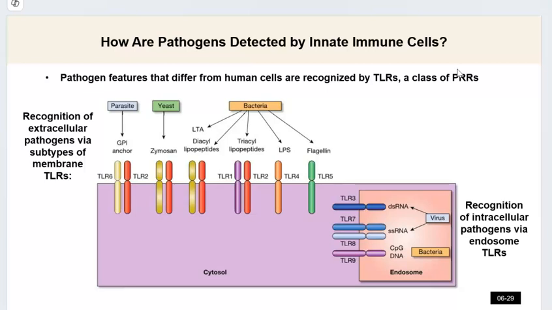Many TLRs will recognize components of bacteria, yeast, or parasite cell membranes, while other TLRs are found on endosomes, and they recognize components of invading bacteria and viruses. This is a non-selective way of distinguishing between self and non-self. Remember, that is the main characteristic of the innate immune system.